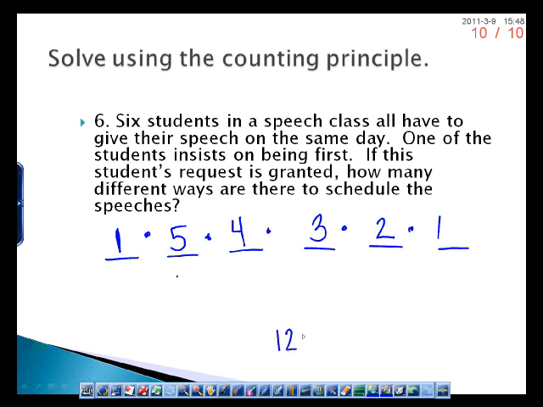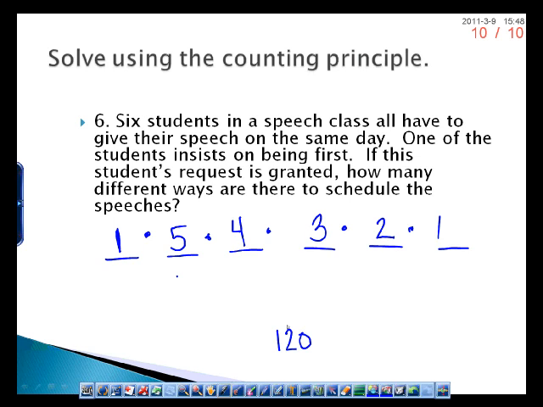120. I don't understand when you use them. When I use what? Factorial. This is what we use if your options get 1 less each time.